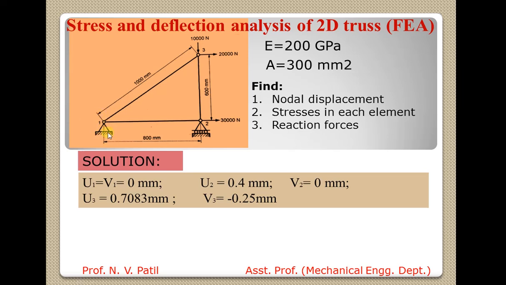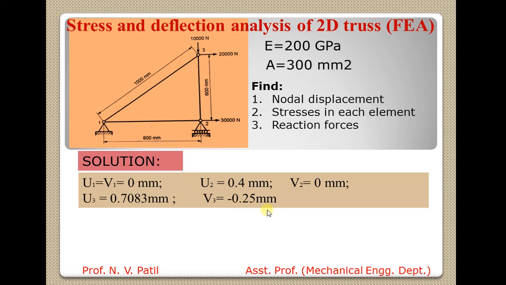At the first node there is a fixed support, so we get zero displacement. At node 2 there is a roller support, which means there is a restriction in the y direction, so V2 is 0 and in the x direction we get 0.4 mm. At node number 3, we get the deformation as 0.7083 in the x direction and minus 0.25 in the y direction.